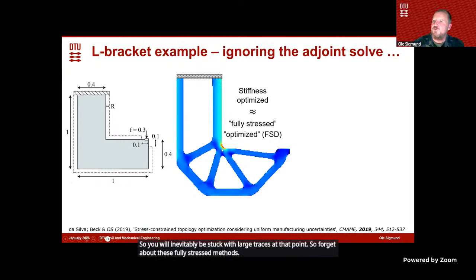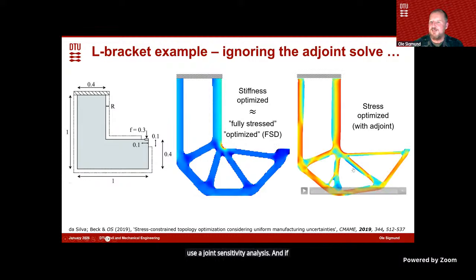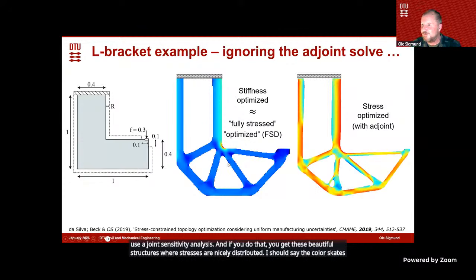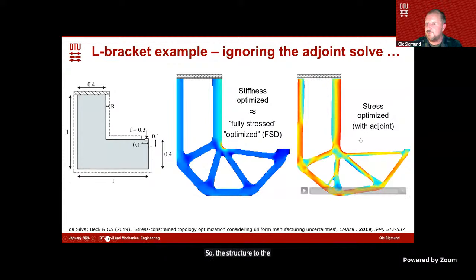Use a joint sensitivity analysis. And if you do that, you get these beautiful structures where stresses are nicely distributed. I should say the color scales are widely different, probably a factor of 10. The structure to the right was optimized using the adjoint.